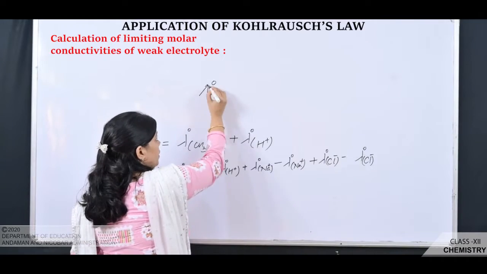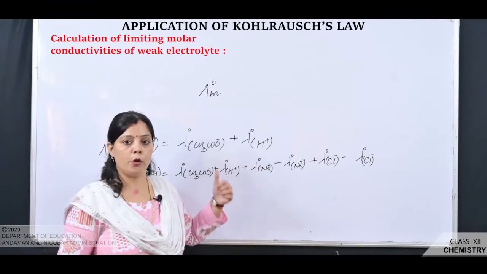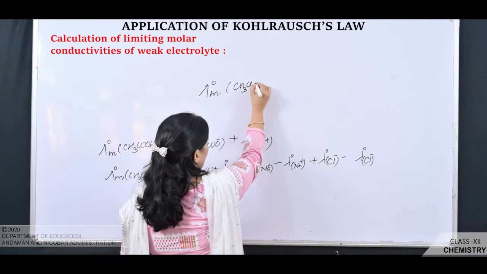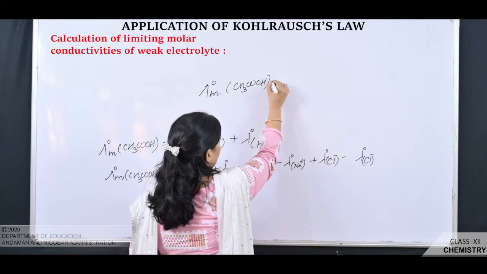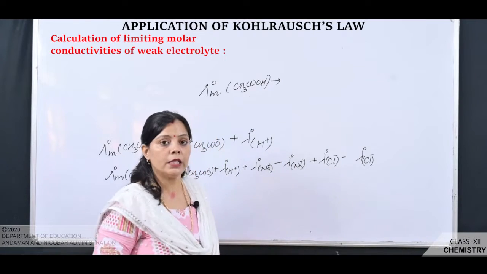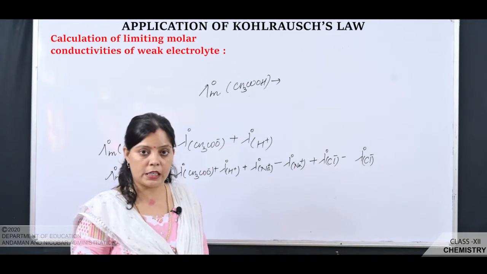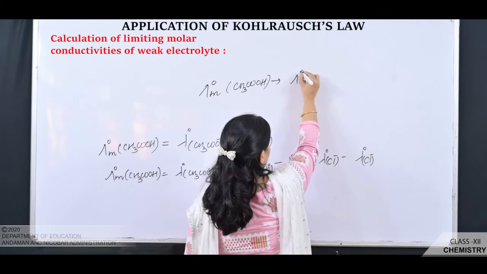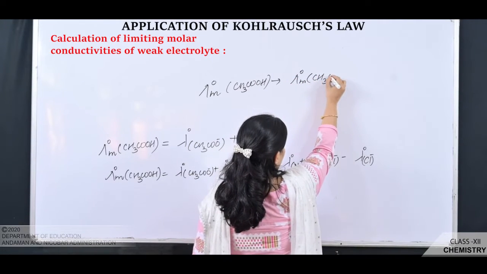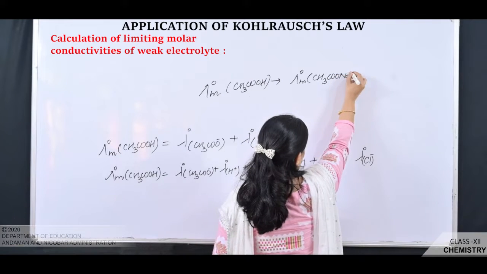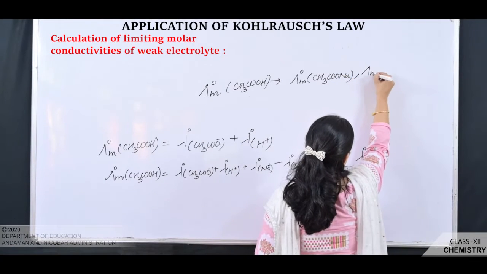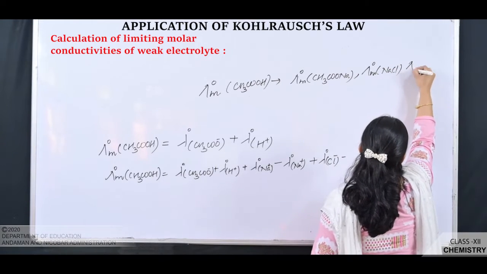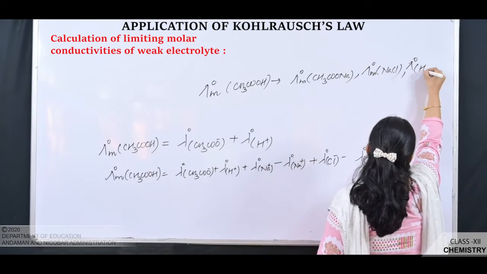The value of the limiting molar conductivity Λm⁰ for acetic acid, CH3COOH, can be calculated by knowing the limiting molar conductivities of strong electrolytes: sodium acetate, CH3COONa, NaCl, and HCl.